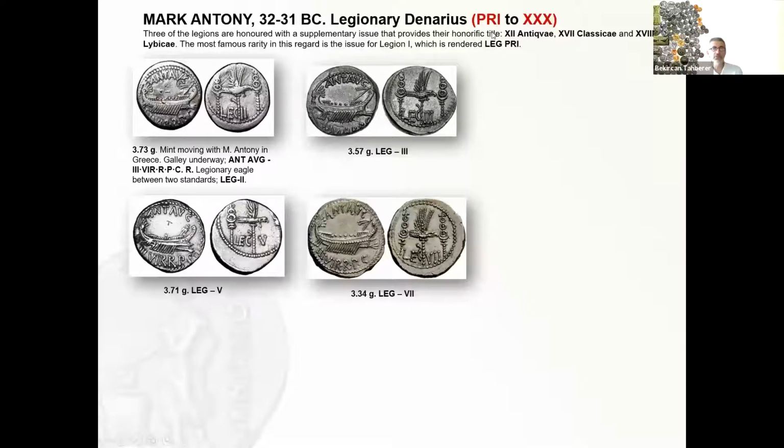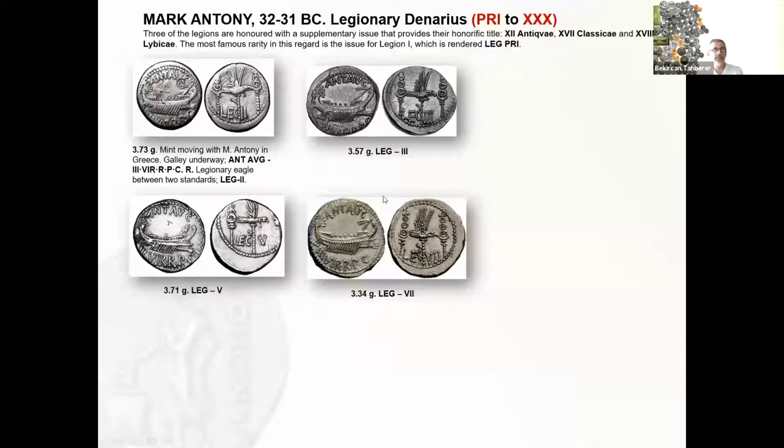I was not able to find a photograph of a coin with the pre mark. And the references that I referred to didn't have any either. But some references simply stated that there were 23 legions represented on this.